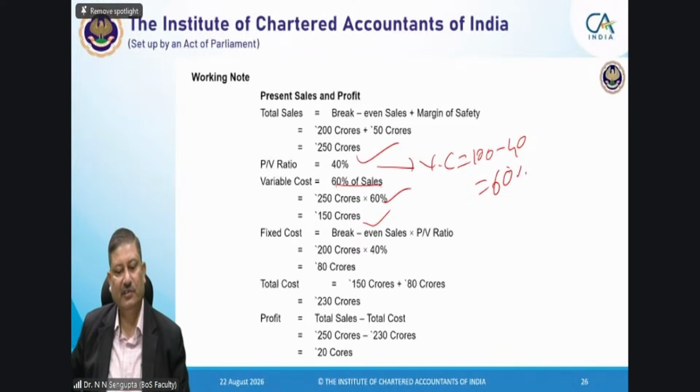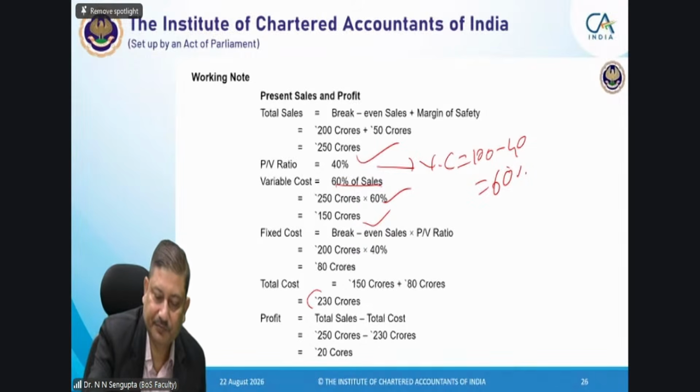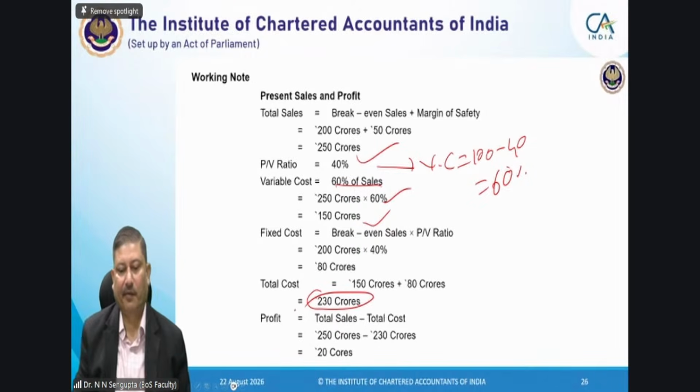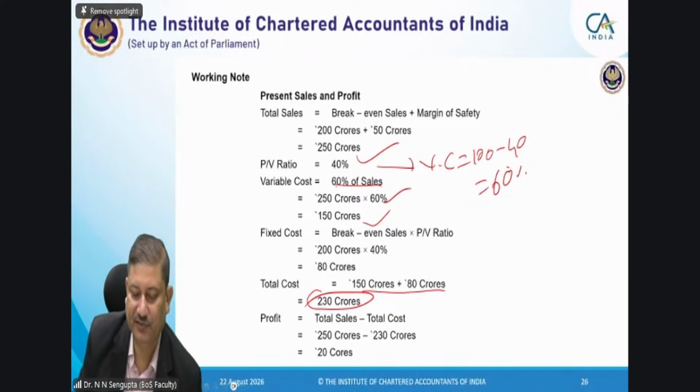So fixed cost is 80 crores. Total cost is 230 crores. Variable cost is 150. So 150 plus 80, that is 230.